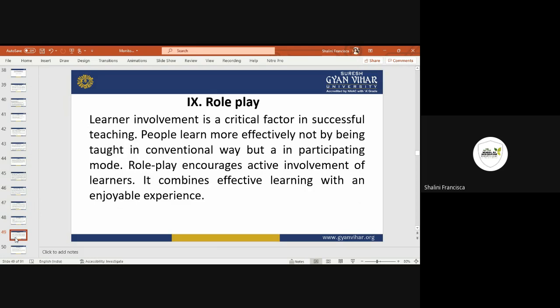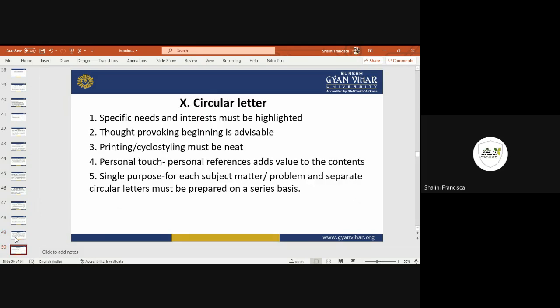Role play encourages active involvement of learners. It combines effective learning with an enjoyable experience. So it gives you an impression which will last for you rather than listening to lectures, symposiums, forums, and keeping everything in your mind.